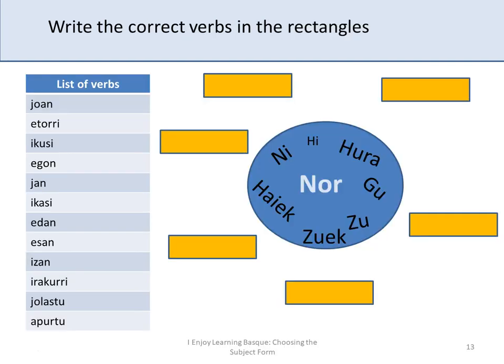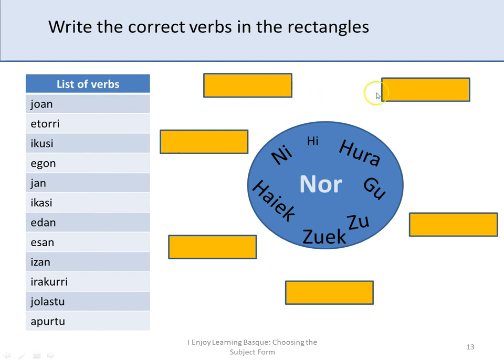And to finish, there is an exercise here to fill the gaps as well, and you can put with the subject NOR which verbs of the list we can use.